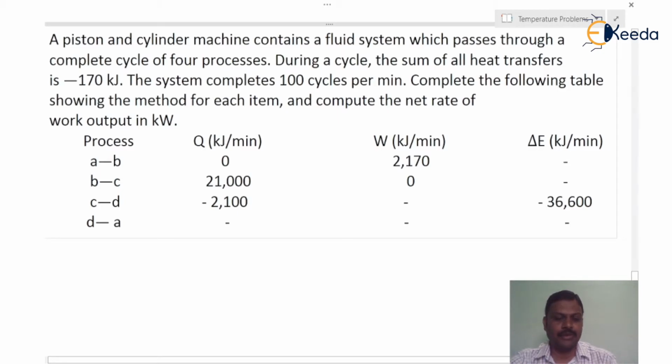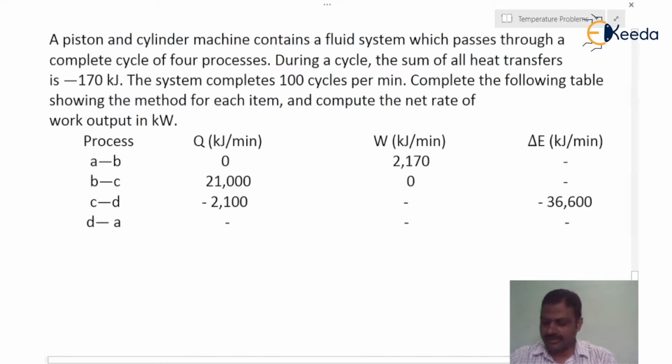And along the process CD, 2100 kilojoules per minute of heat is liberated. Then work done is to be calculated when 36,600 kilojoules per minute of internal energy is decreased. Then for process DA, we have to calculate Q, W and delta E.